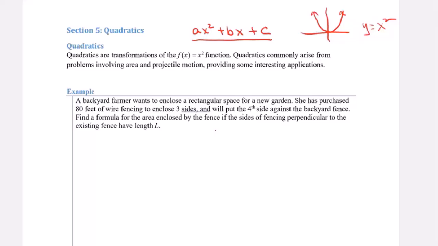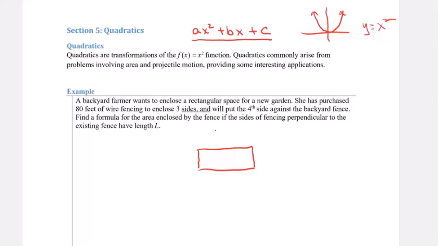A backyard farmer wants to enclose a rectangular space for a new garden. And whenever you have word problems, you really want to draw a picture. So let's have a rectangular space for a new garden. She has purchased 80 feet of wire fencing to enclose 3 sides.